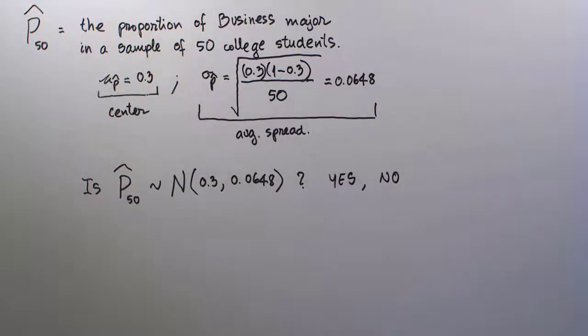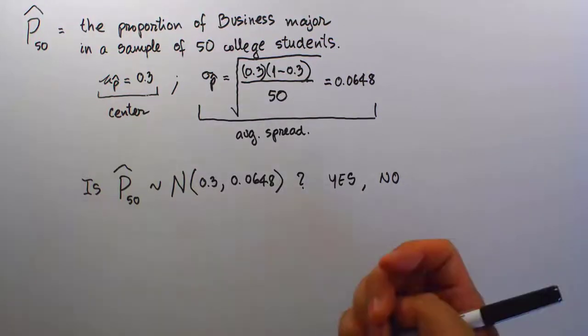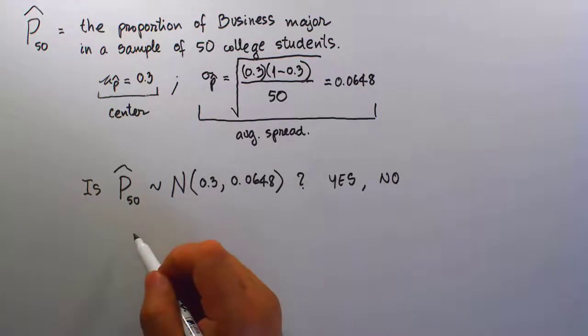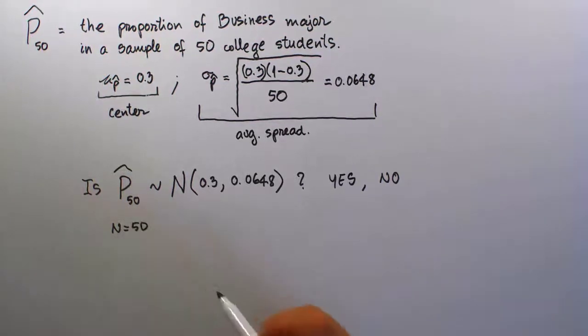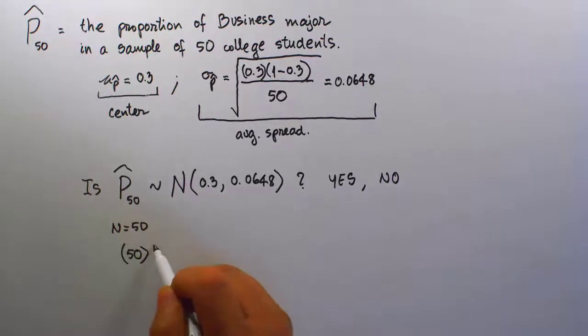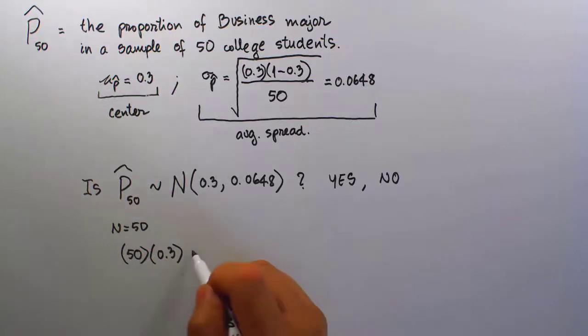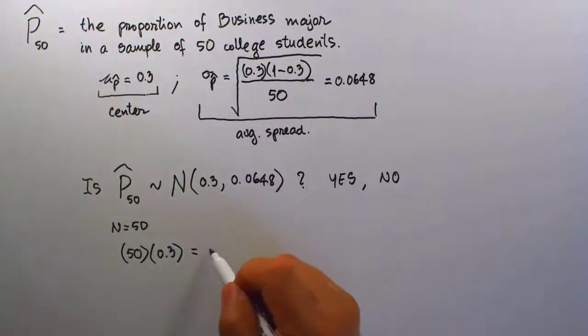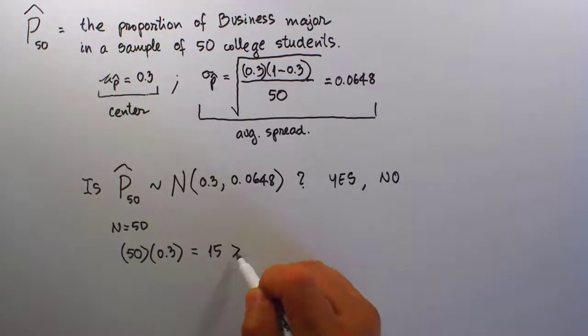Now I'm going to take things slightly off track, but instead of directly giving out the answer, let's start with the reasoning so everybody gets comfortable with this. Our sample size is 50. So I'm going to multiply 50, our current sample size, with 0.3, the known population proportion. That gives a count of 15, and this count is above 10.